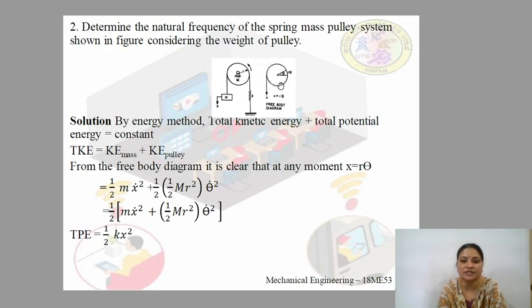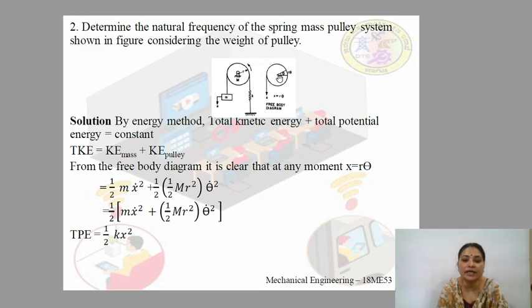Since here the radius of the pulley is small r, we write it as r into theta. Solving this problem by the energy method, we can write the solution as the total potential energy and total kinetic energy of the system is equal to constant. Here the same equation is written below. So total kinetic energy is equal to kinetic energy of mass plus kinetic energy of pulley.